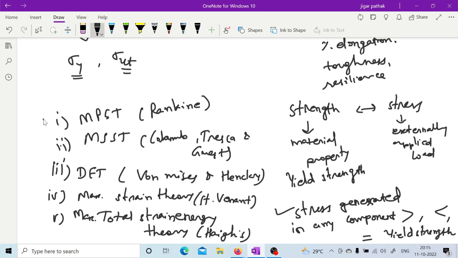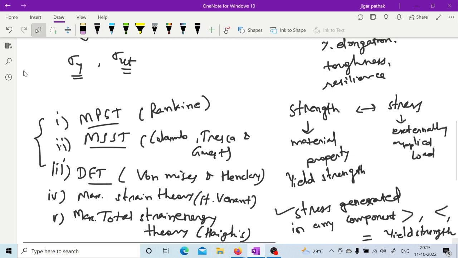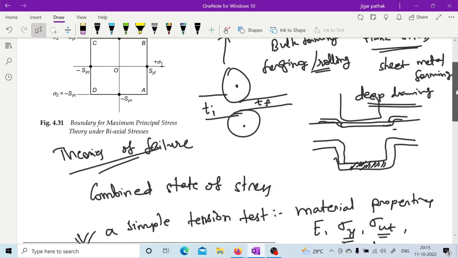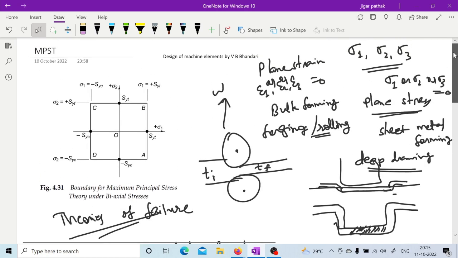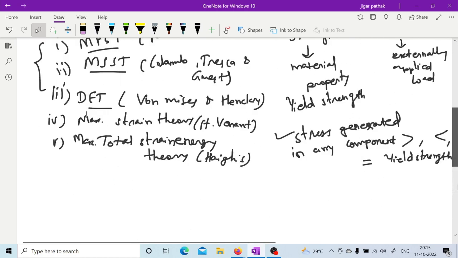From this we are going to focus on these three for now: maximum principal stress theory, maximum shear stress theory, and distortion energy theory. If we go one by one, first is the maximum principal stress theory. The envelope for this is given; we will come to this later.